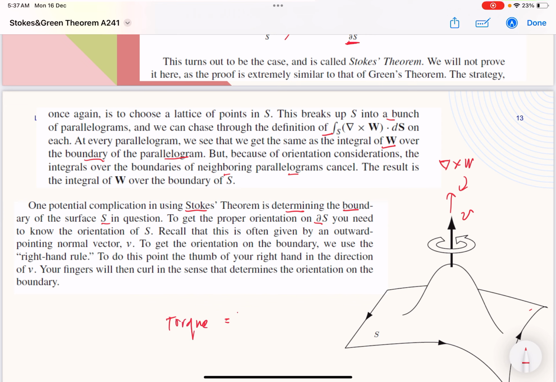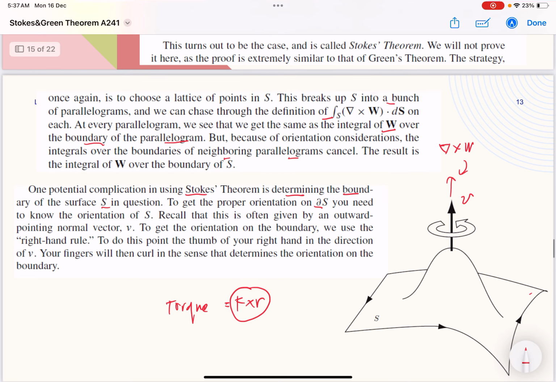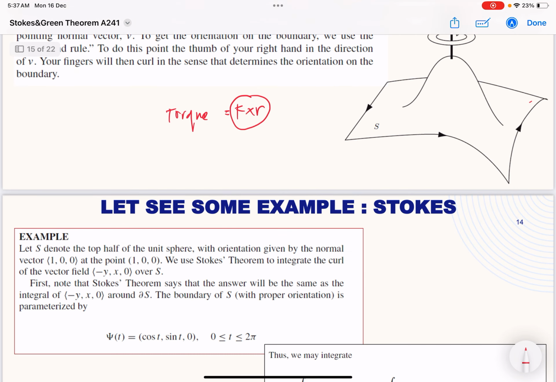When you have two cross vectors, you get another vector field. Your fingers, with the sense of the curl, determine the orientation of the boundary. So this is Stokes theorem. You need to first determine the surface boundary.